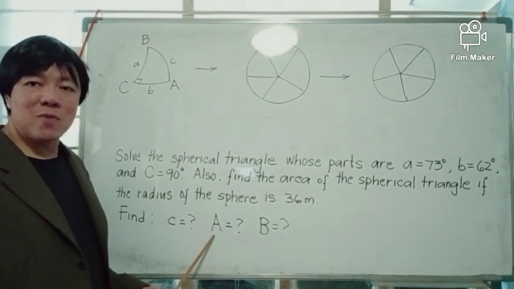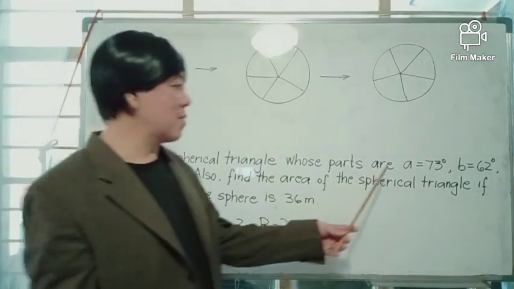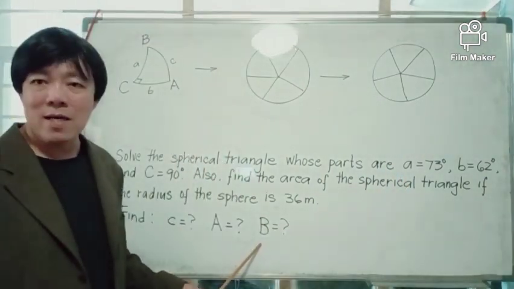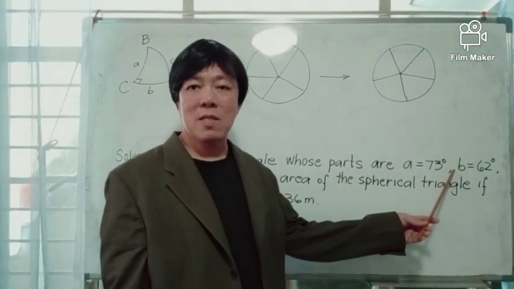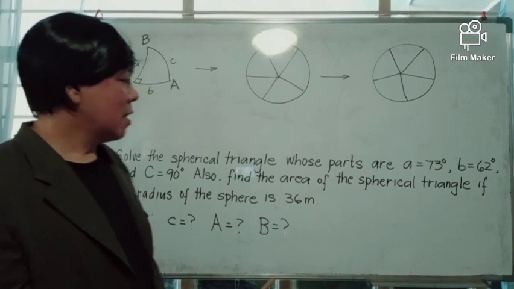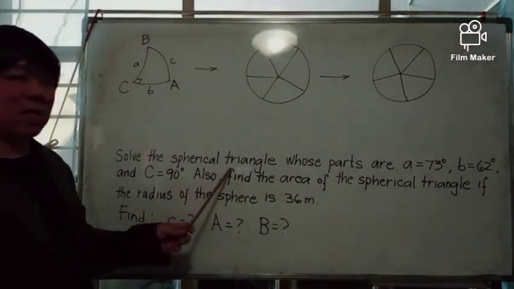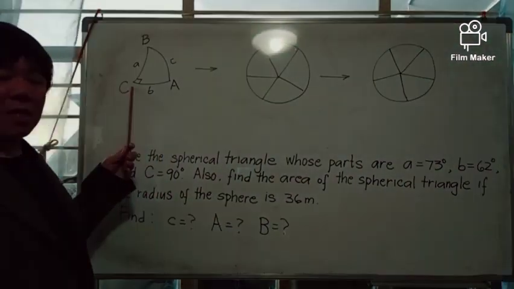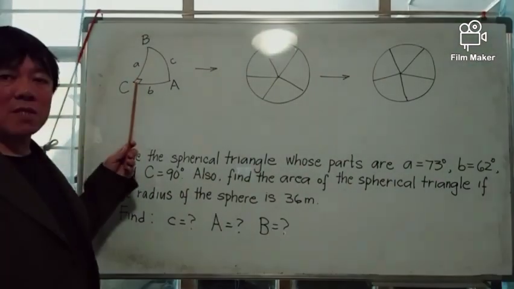We will find the surface angle capital A, the angle opposite the given side small a, and the surface angle capital B, the angle opposite side small b. And we place the parts of the spherical triangle in this figure. The right angle is capital C, indicated by this small square.